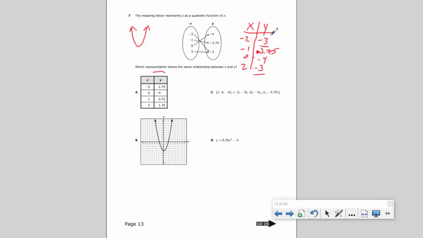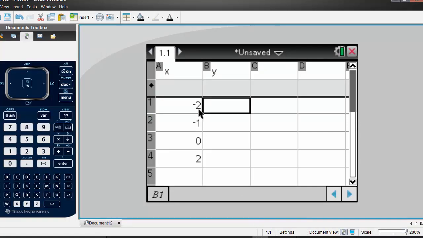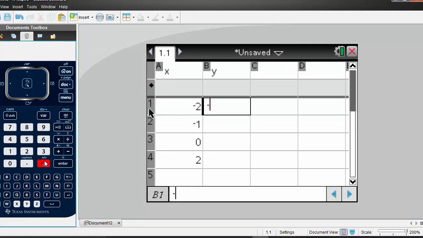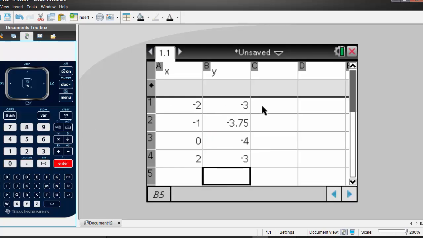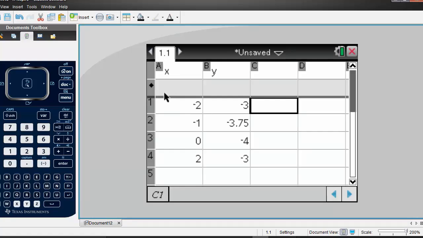These y values are -3, -3.75, -4, and -3. They told me in the question that this is a quadratic function.